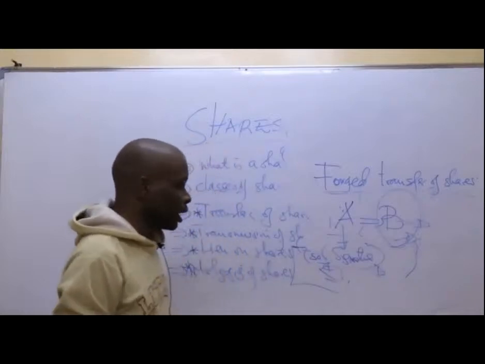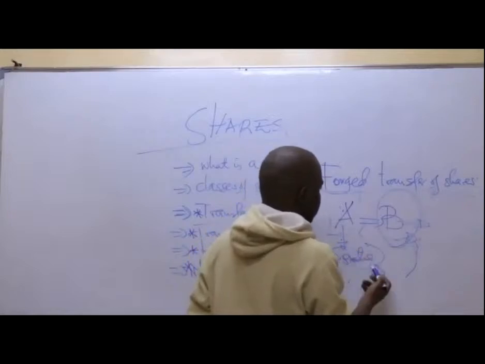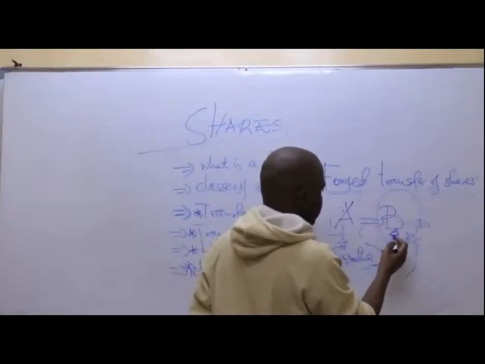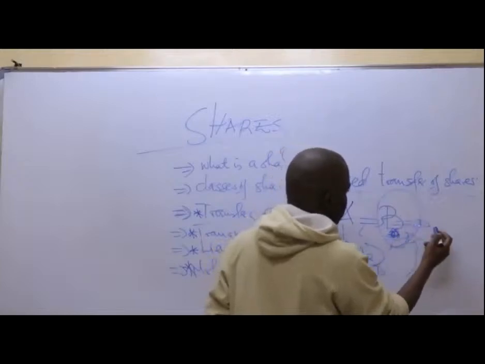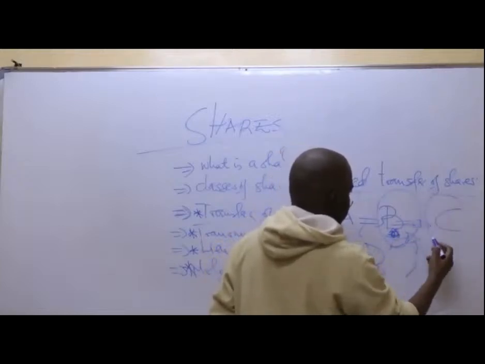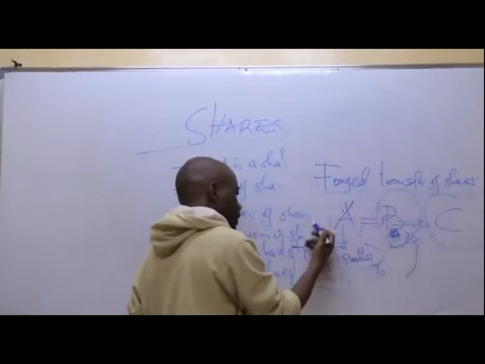Sometimes it could happen that the share transfer form is forged and the shares are transferred to B, and of course, further on, the shares are transferred to another party, C. Will the original owner be entitled to the shares?